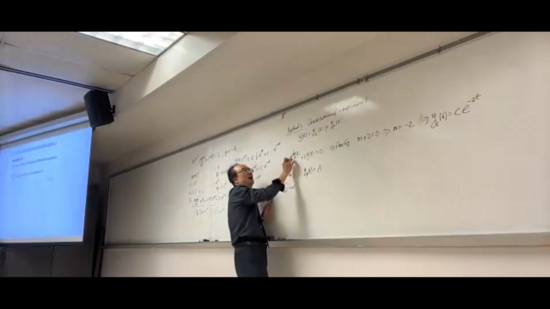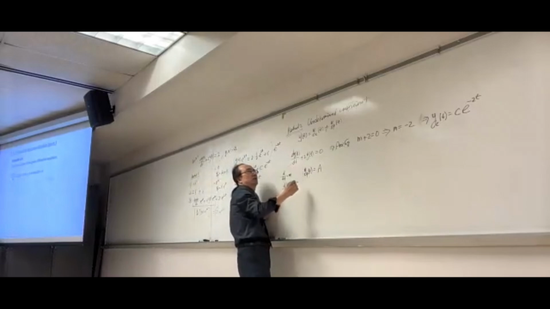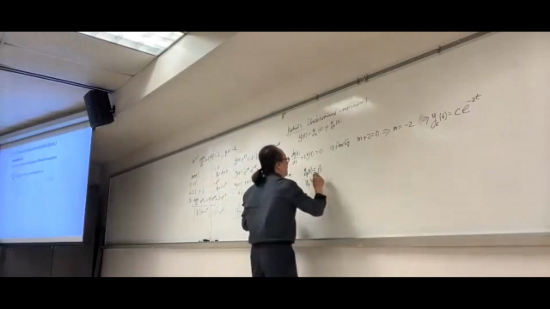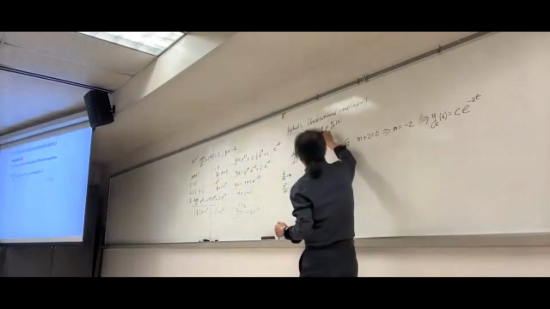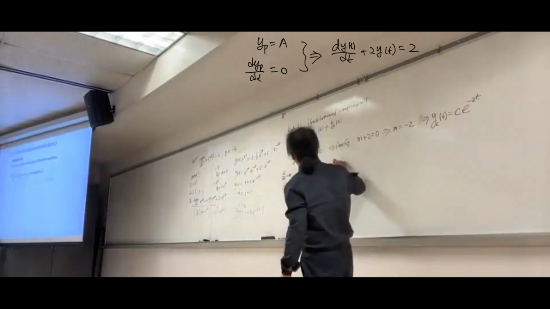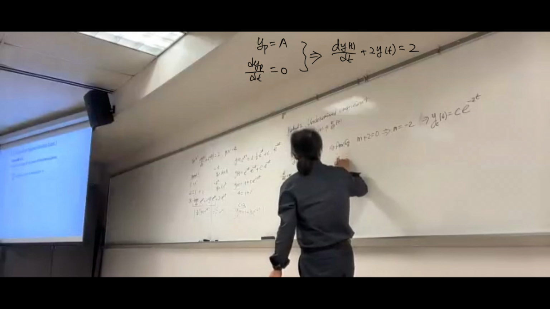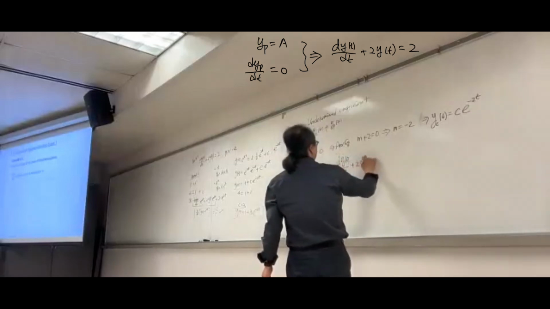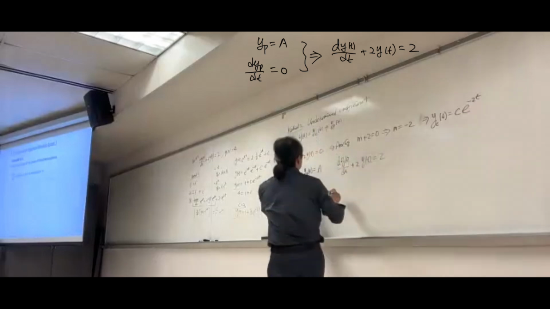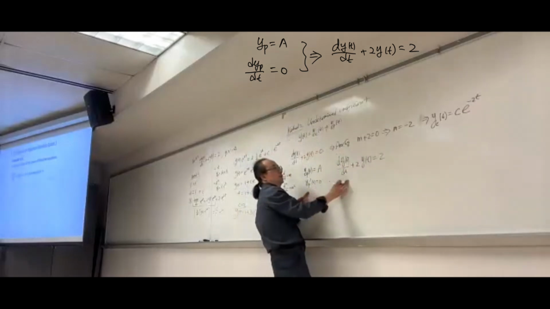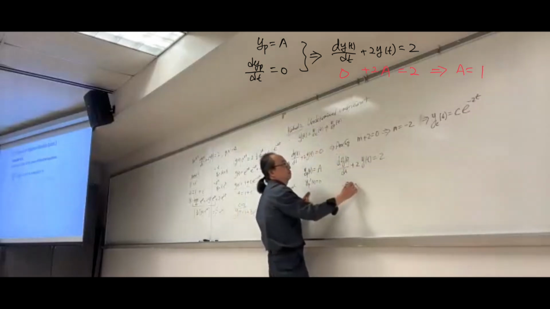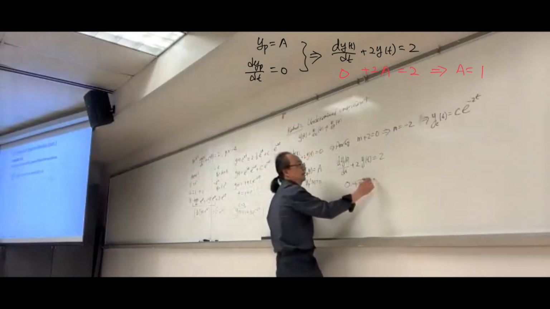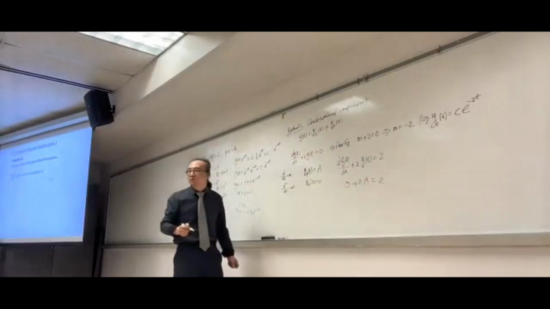We're going to fit this into the equation. We need yp prime of t, which is 0, and plug this into the original equation: dy of t over dt plus 2 y of t equals 2. dyp over dt is 0, plus 2 times yp of t. We set that equal to the right-hand side, which is 2.